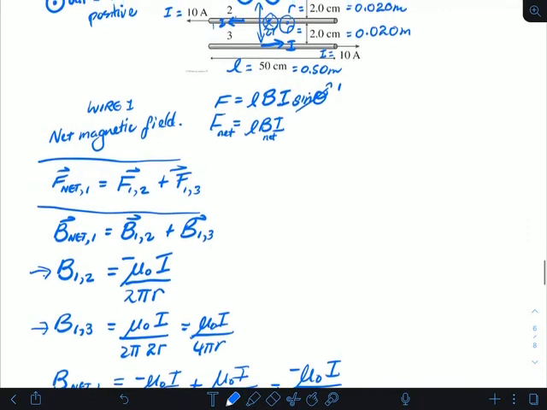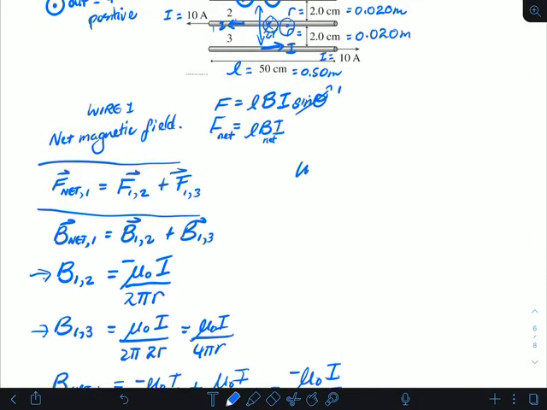So I might just make a note for wire 2: force due to 1 cancels force due to 3.